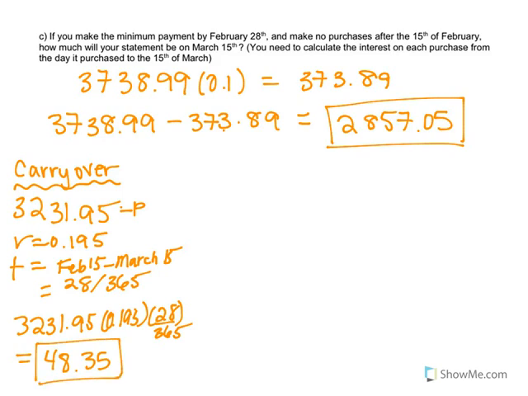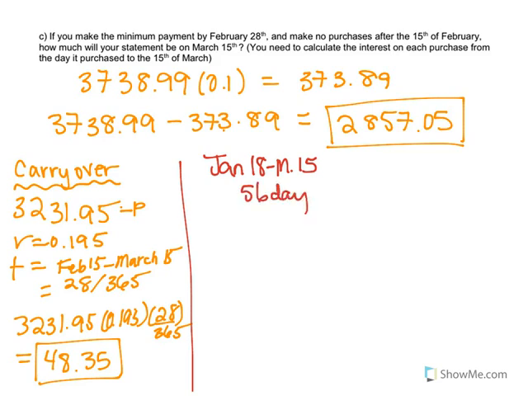Now we're going to do each of those purchases. So the first one was the purchase on January 18th. So we're going from January 18th to March 15th, and that's going to be 56 days. So you're calculating 56 days of interest. The purchase was for $350.75.